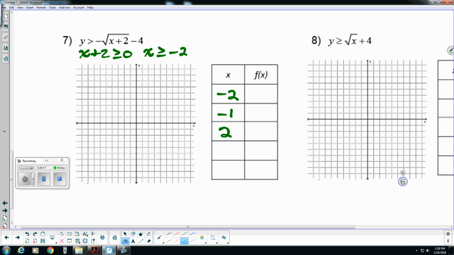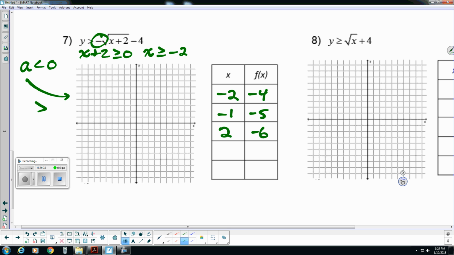When I plug those values in, I get -4, -5, and -6. Now, look at your A value. Your A value is less than 0. It's negative. So that means that our graph's going to have this type of shape.